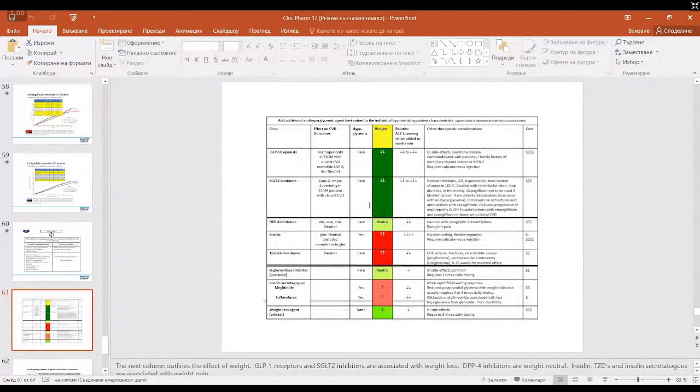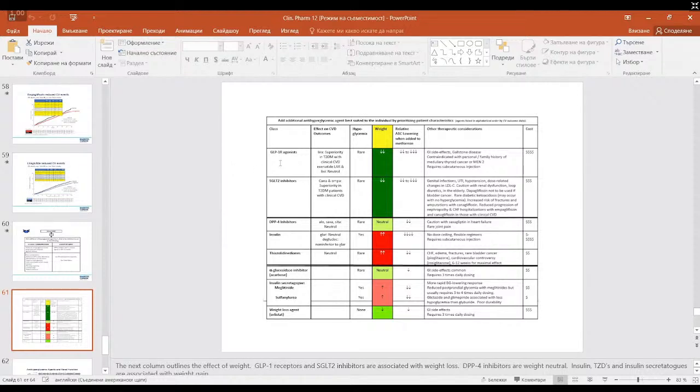This table and the next one that I'm going to show you are very important, and again, they will help you for the exam. I'll send you the presentations if you want to prepare by using them, but in the exam, you may get asked some questions like which drug groups that are used for the treatment of diabetes have a positive side effect in terms of weight loss in patients with diabetes.